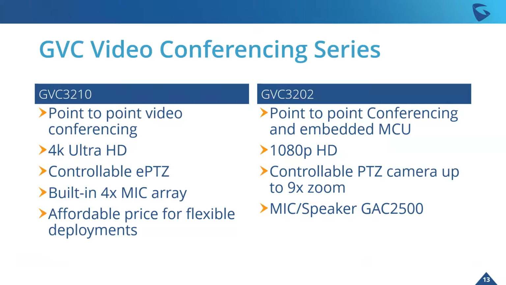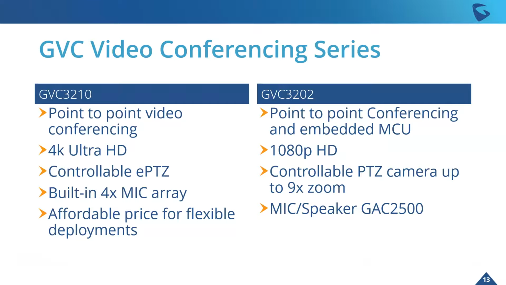The 3210 though has that 4K Ultra HD for that complete crystal clear quality that we found is really important for small to medium businesses that are looking to break into video conferencing, comparably to the 1080p HD for the 3202.